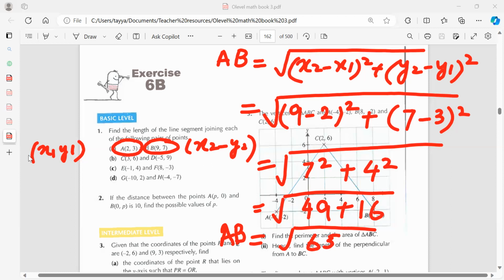What is the square root of 65? Teresa, are you there? Are you listening to me? Yes, miss. So what is the square root of 65? Miss, I can't find my calculator. I don't have a calculator.